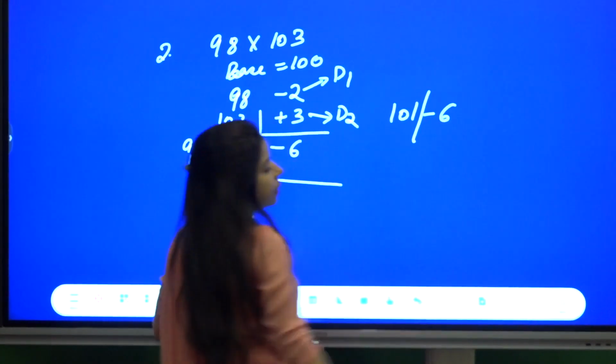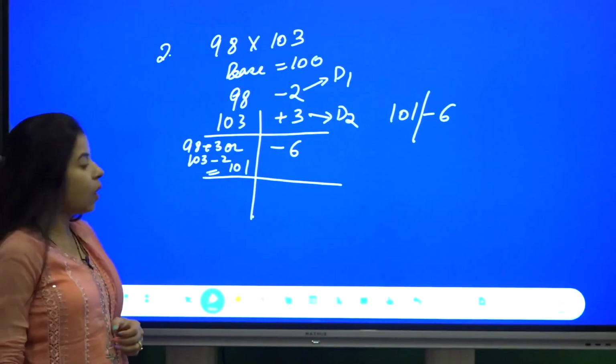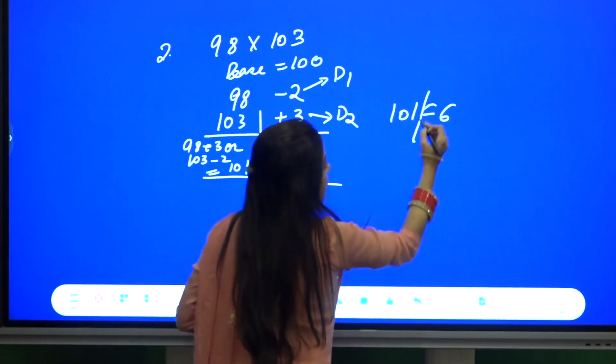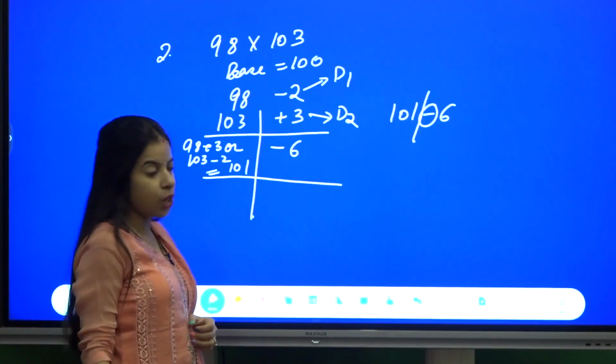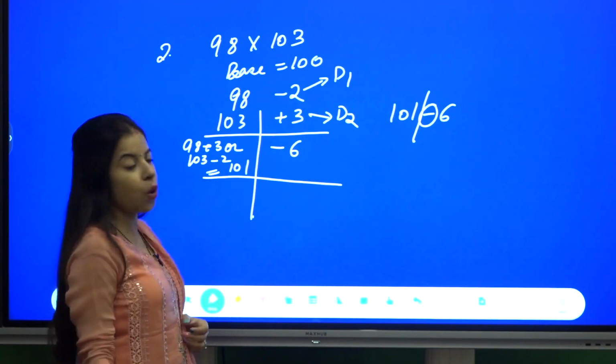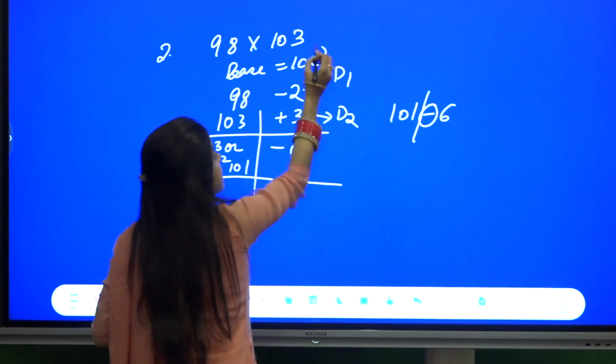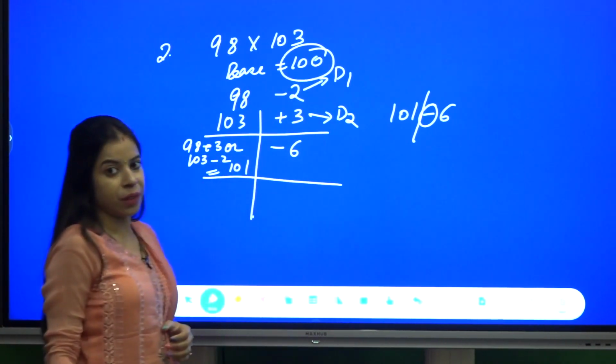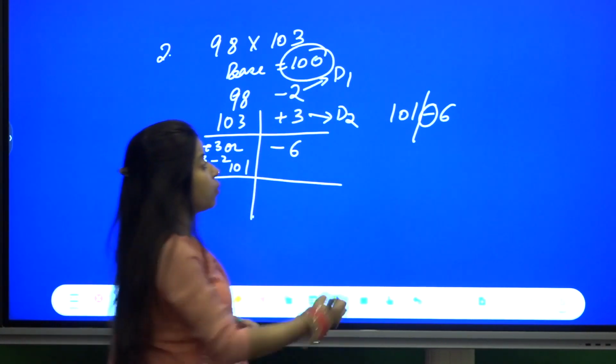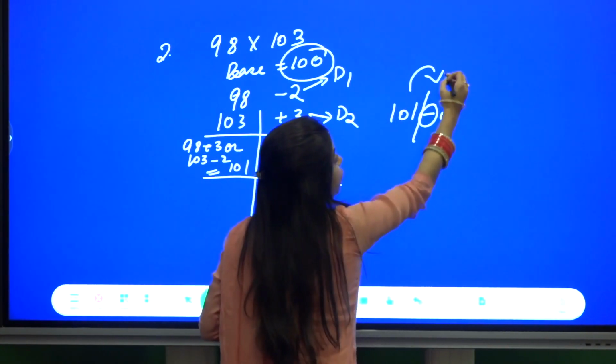Now we have to get this minus sign removed. So we are going to write the complement of 6, but remember here the base is 100. So we are going to borrow 1 from here.